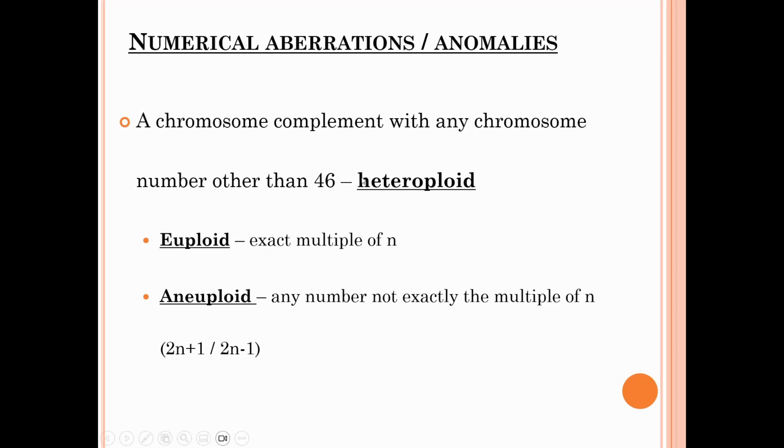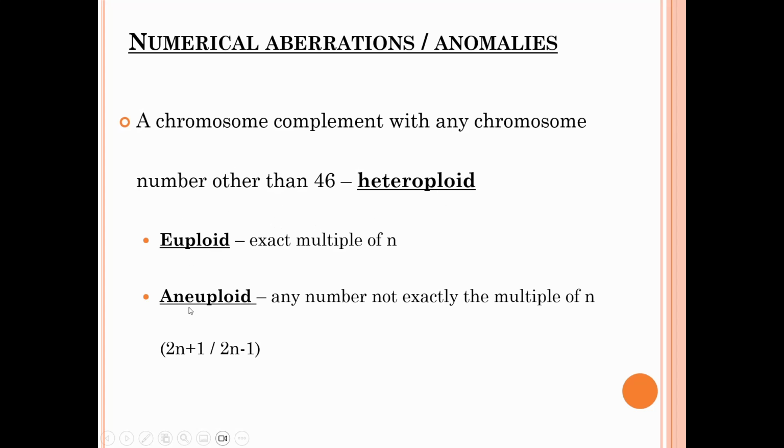Okay, now first thing you already saw that what is the normal number of chromosome which is present in the gamete and in the zygote after fertilization. So we know it is either 46 chromosome or 23 pair of chromosome. Okay, and other than that is known as heteroploid.